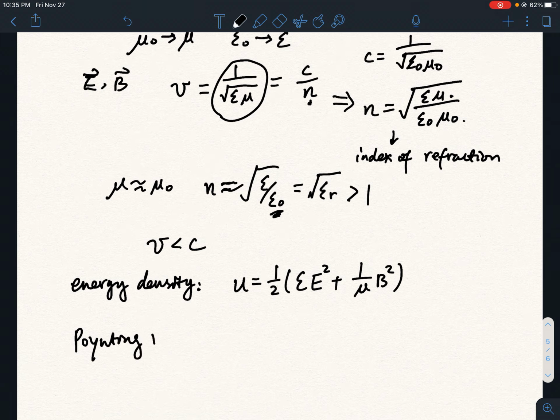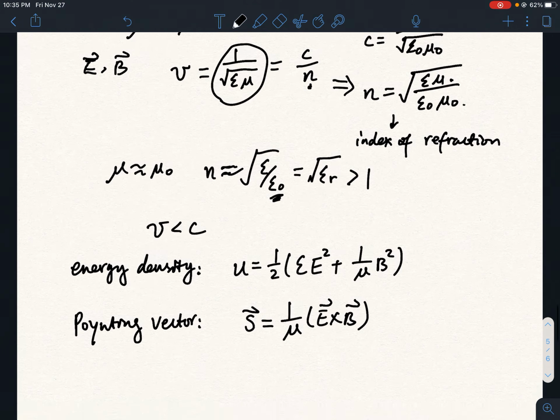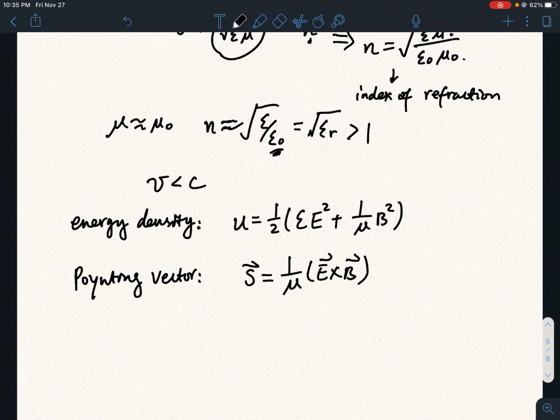Now we also have the Poynting vector S, which is 1 over mu E cross B, instead of 1 over mu 0.